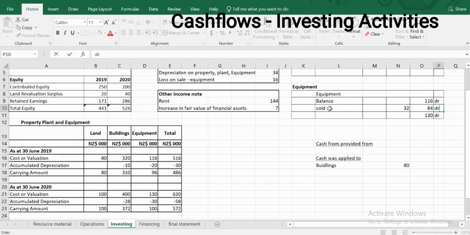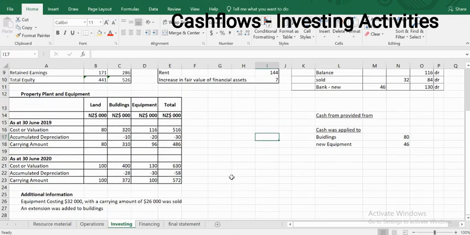So therefore, how much new have I paid out for? What have I bought to take it from 84 up to 130? I've bought $46,000 worth of new equipment. So here, my new equipment was $46,000.